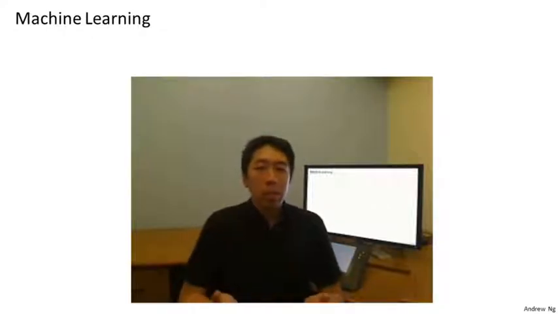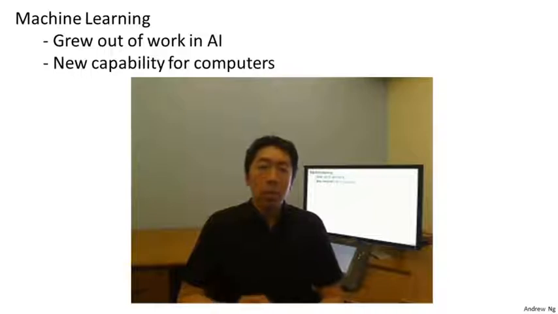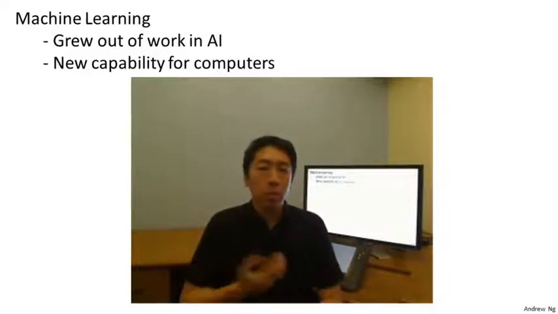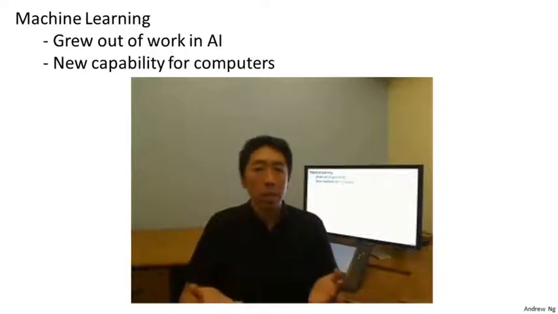So why is machine learning so prevalent today? It turns out that machine learning is a field that had grown out of the field of AI, or artificial intelligence. We wanted to build intelligent machines, and it turns out that there are a few basic things that we could program a machine to do, such as how to find the shortest path from A to B. But for the most part, we just did not know how to write AI programs to do the more interesting things, such as web search, or photo tagging, or email anti-spam.